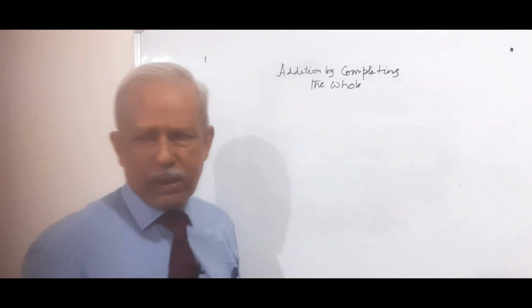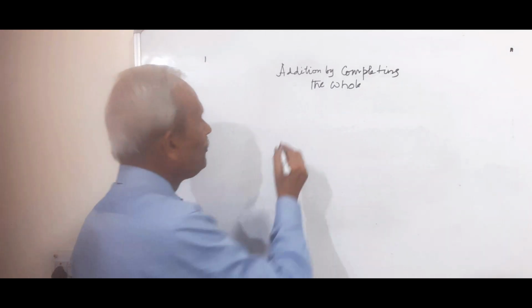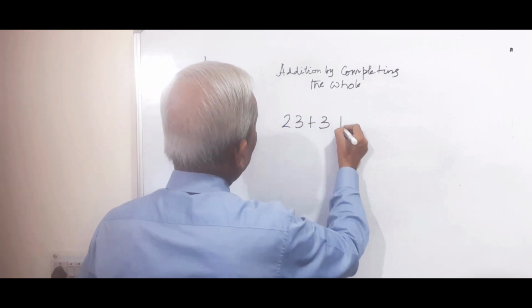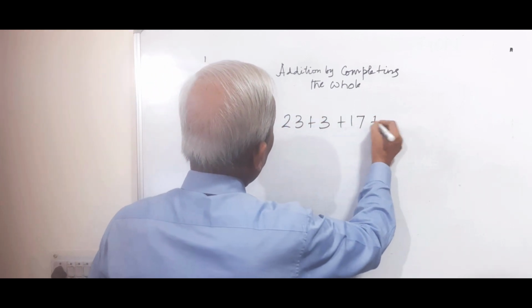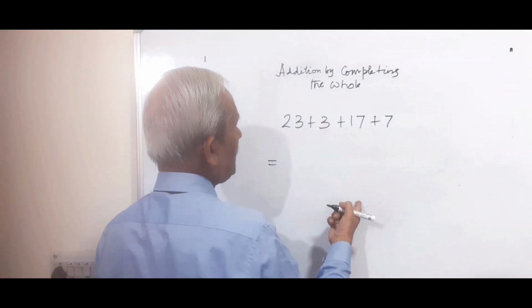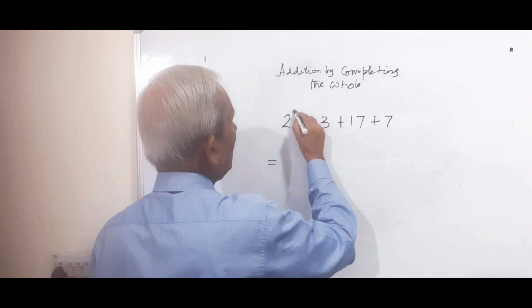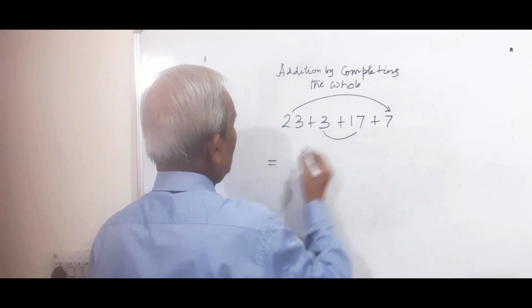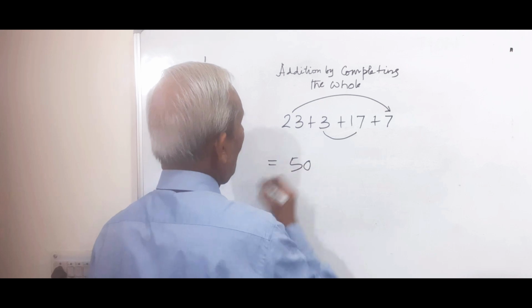Let us do another sum. You see here, we make an observation, you see that 23 plus 7 can be made as 30 and 3 plus 17 is 20, 30 plus 20 is 50.